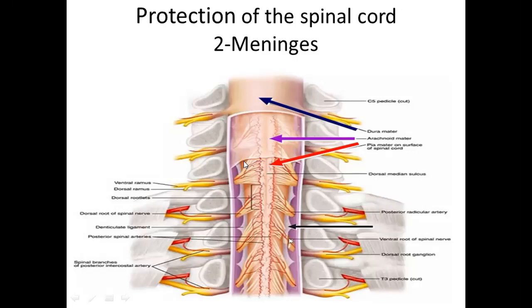The subarachnoid space contains a fluid called cerebrospinal fluid, the fluid that surrounds the spinal cord and the brain, called CSF. The cerebrospinal fluid is the third protection of the spinal cord.